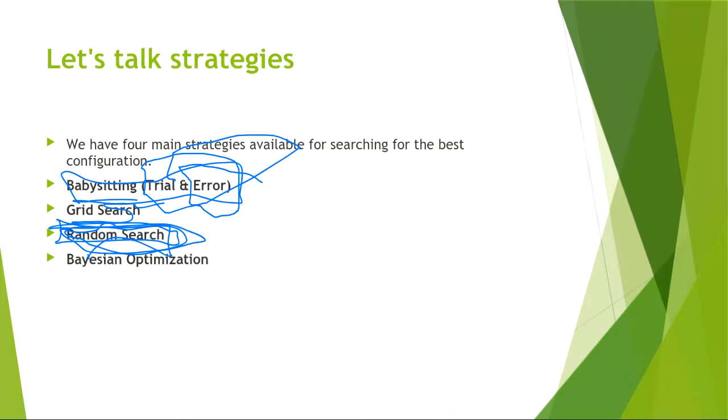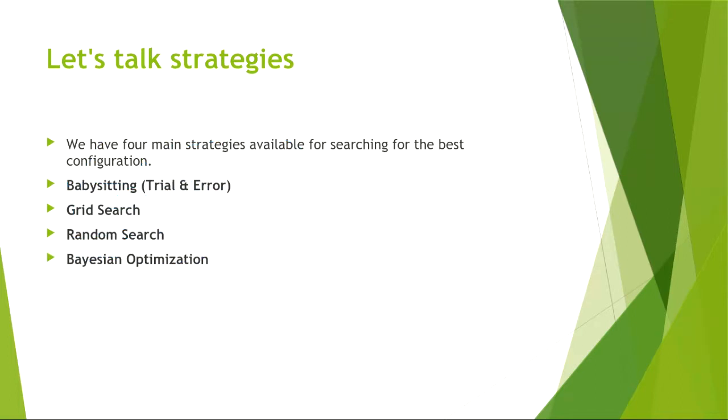So these are the four search strategies mainly used for the best configuration. Number one is trial and error, second is grid search, third is random search, fourth is Bayesian optimization. In Bayesian optimization there comes the probability also.